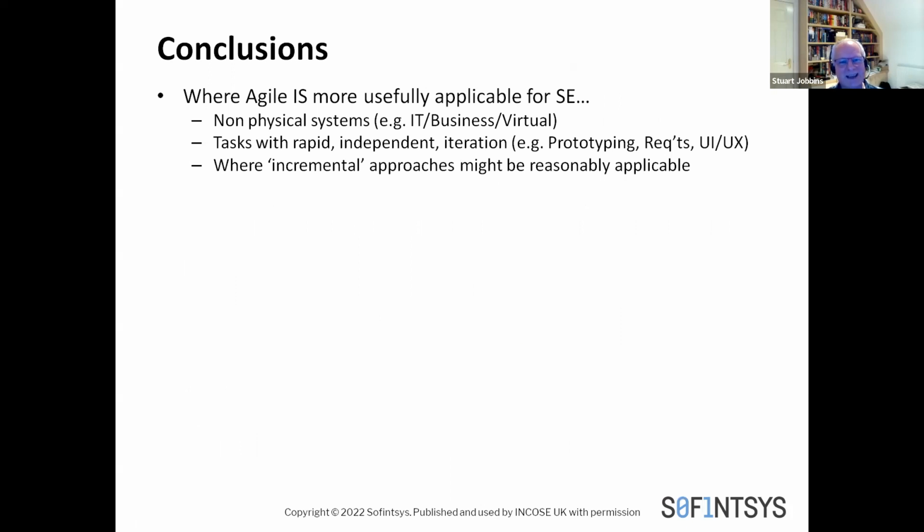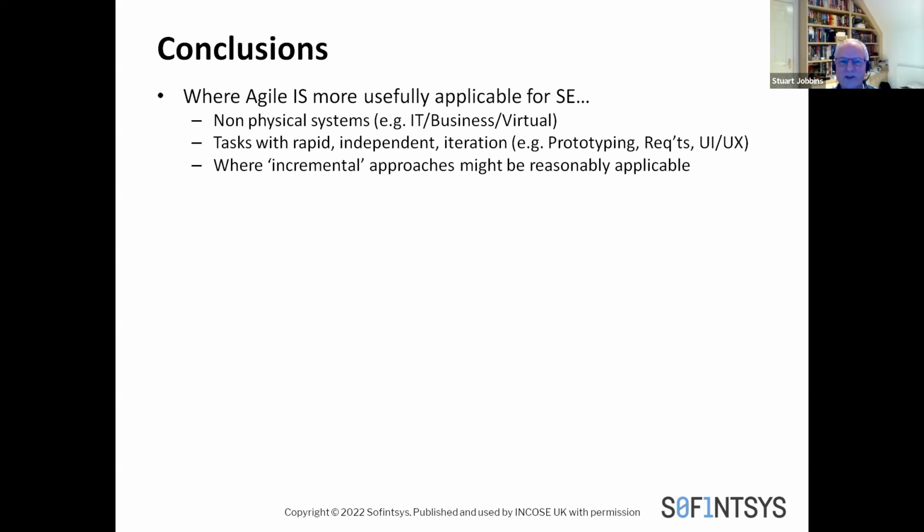Where Agile is more usefully applicable for SE: there are tasks within our traditional systems engineering that are absolutely perfect for Agile processes. The non-physical systems, obviously, so the business systems, the virtual systems, tasks with rapid independent iteration, prototyping, requirements solicitation, definition of user interfaces and user experiences with the customer, anywhere where incremental approaches might be reasonably applicable.